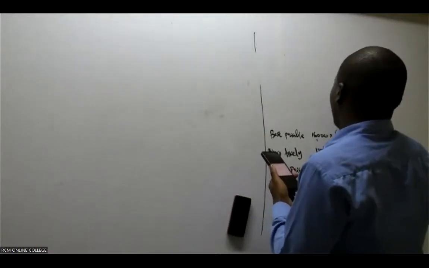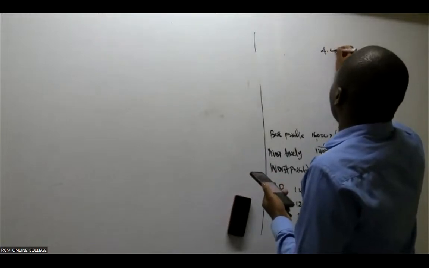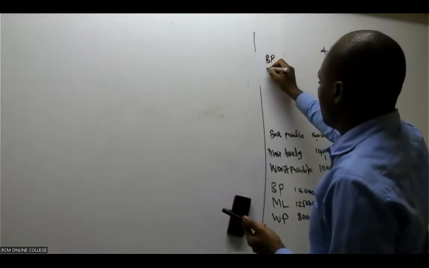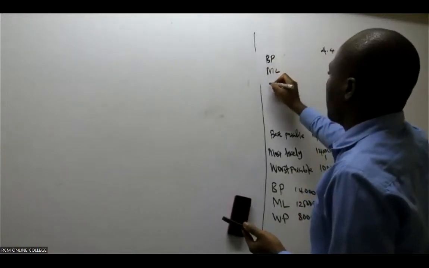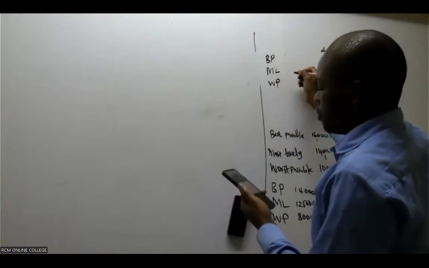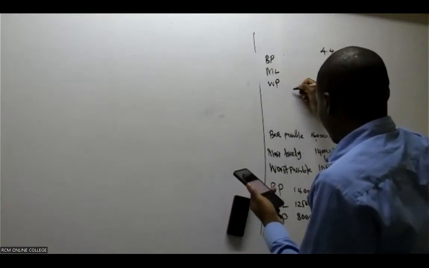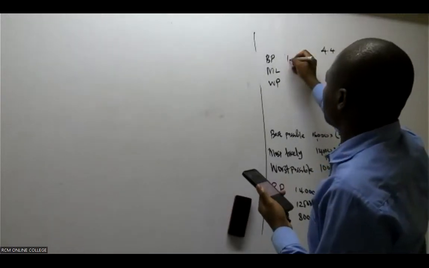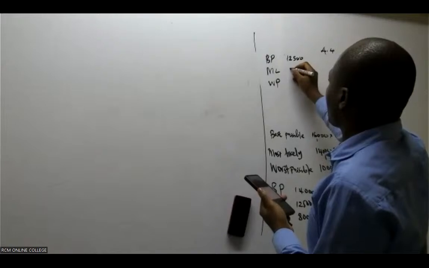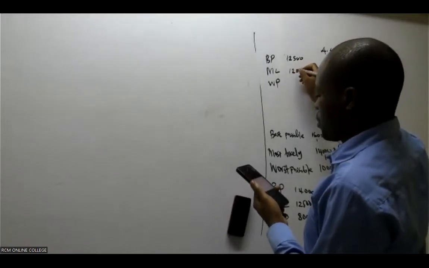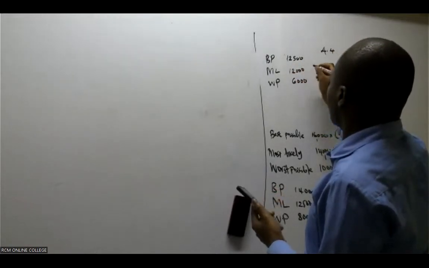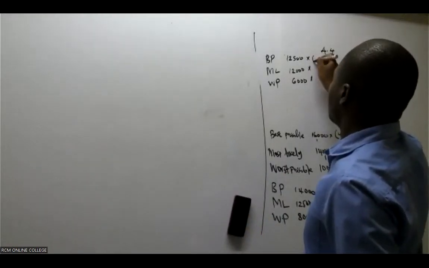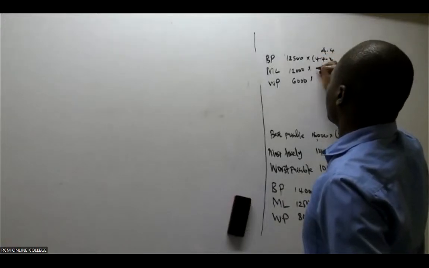So we have 4.4. We have best possible, most likely, and then worst possible. The number of units that we are having will be 12,500, 12,000. So this number of units you are going to multiply by 4.4 minus 2.